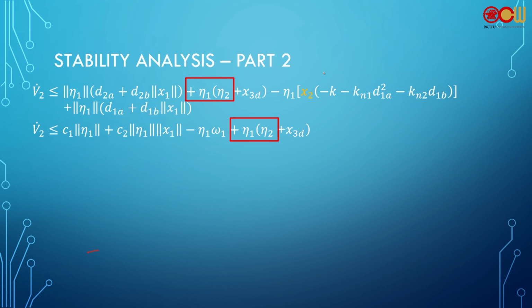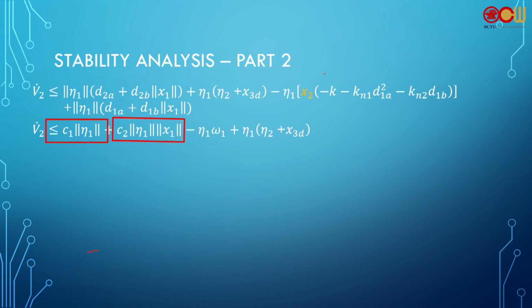You just keep it because that can be a cross term. And this is known, so we can keep it. And S2 is measurable, eta 1 is measurable, right? Every term here is known, so you can keep it. Eta 1 norm times d1a goes to here. Eta 1 norm, x1 norm times d1b goes to here. So basically, there are two groups.